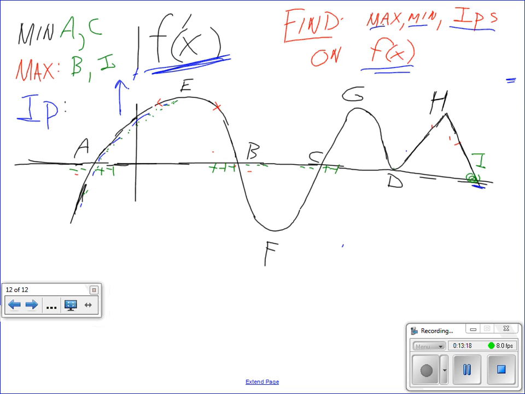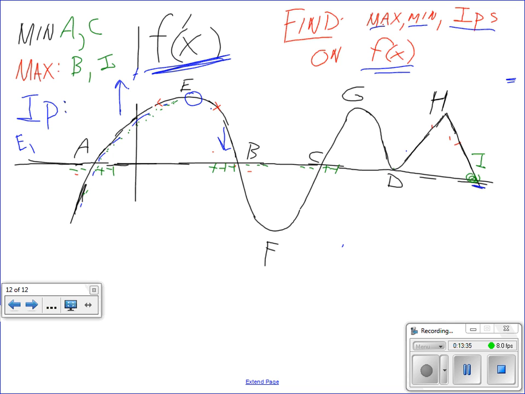When I draw an arrow going up, I mean concave up. Then it crosses through E, and then what happens? It goes concave down. So guess what? At this max point here, that's an inflection point. I'm going to have a lot of those. So E is an inflection point.